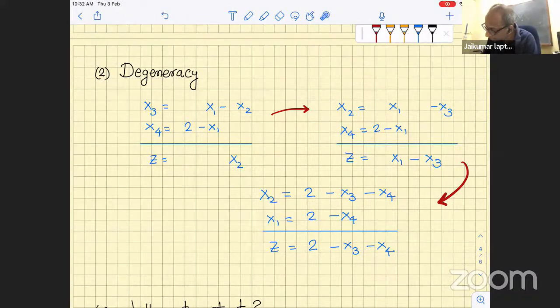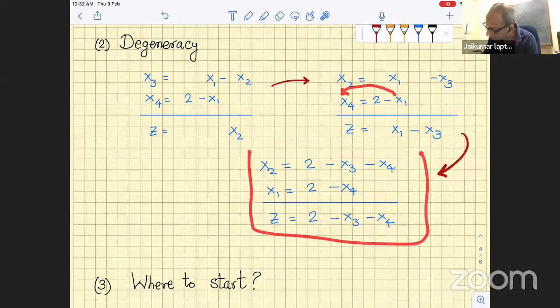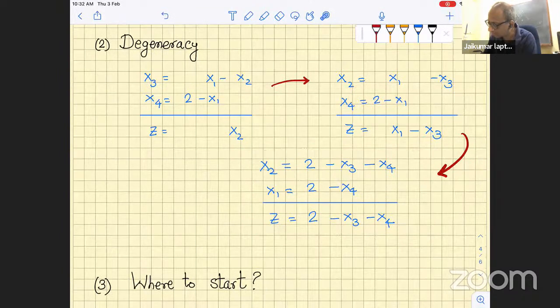So we do a pivot with respect to this. This moves out of the basis. x1 moves into the basis. And I hope I've done it right. Yeah. So instead of x1, we write 2 minus x4. And instead of this x1, we write 2 minus x4.